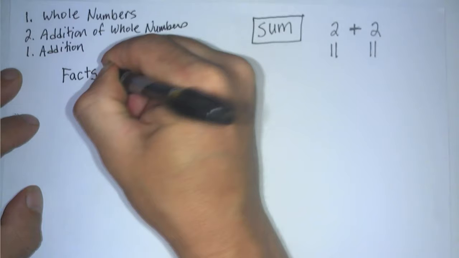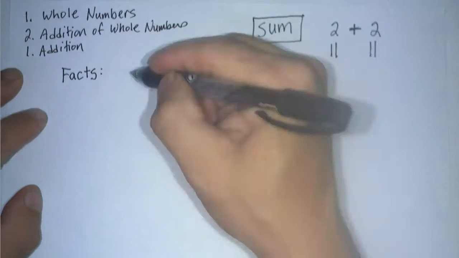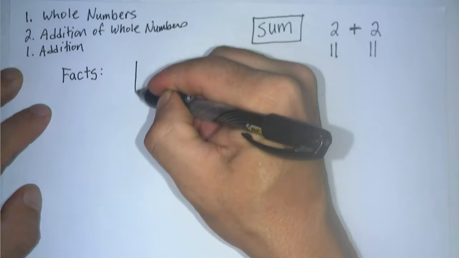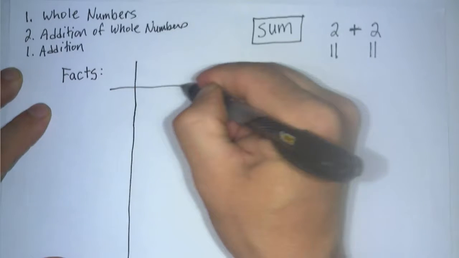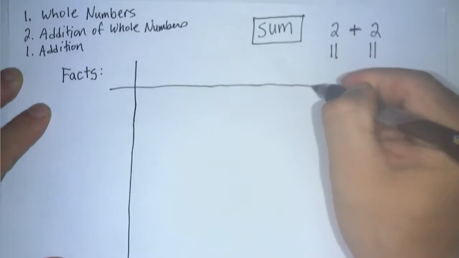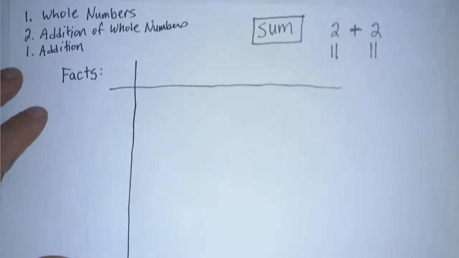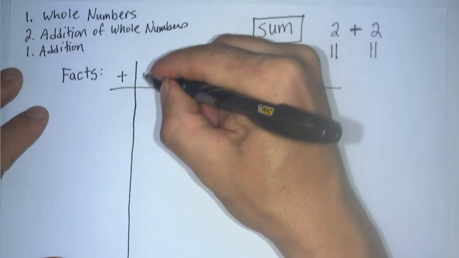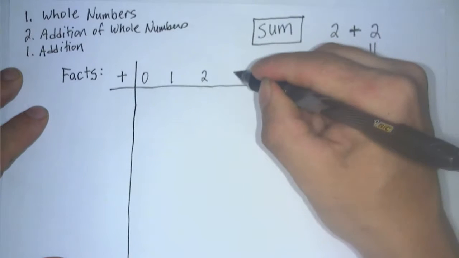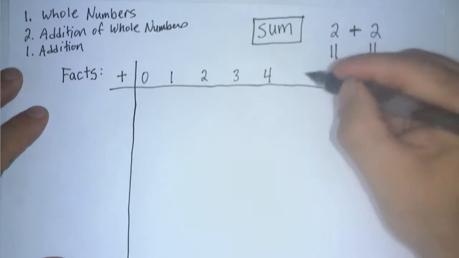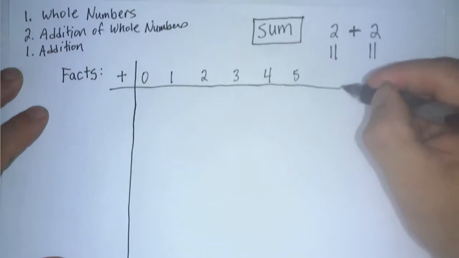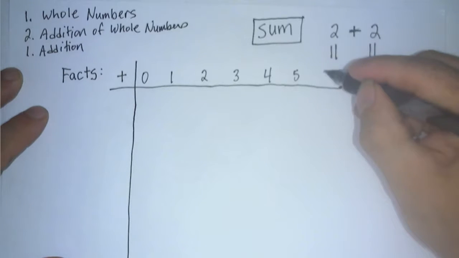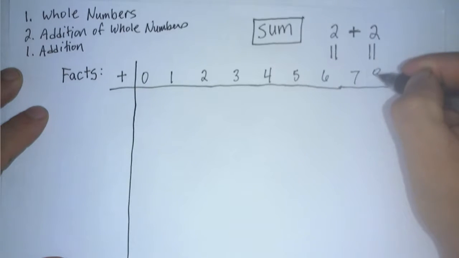Now, the best way to tackle addition is to memorize the facts. The basic facts of addition, and those are the single-digit numbers added together. So what I'm going to do here is create a simple chart for you to memorize these with, and this is the plus chart. Across the top I'm going to write the numbers 1 through 9, and you can use this to help you memorize these basic facts.